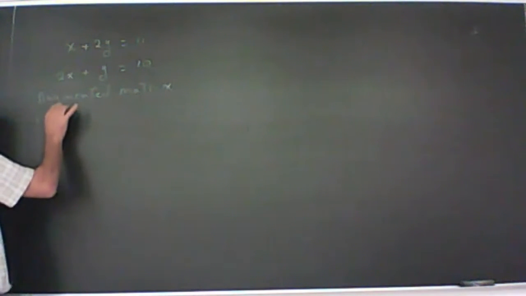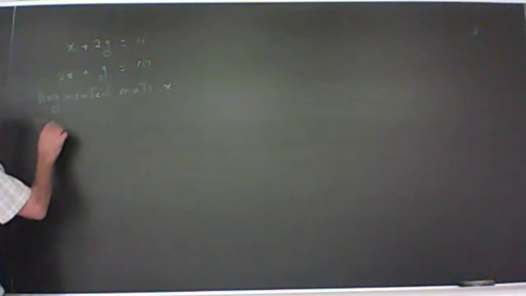On the first column, we will write all the coefficients of x. So we have 1 and 2. The second column would be the coefficients of y, so we have 2, 1.